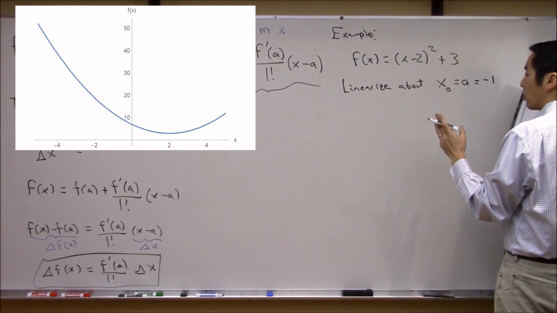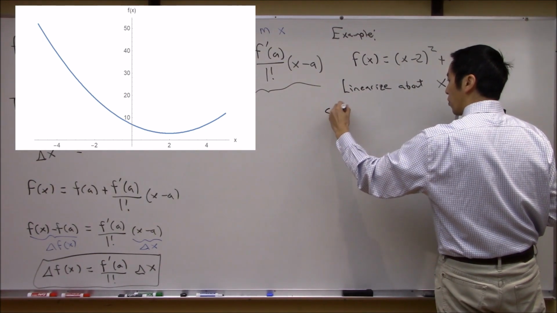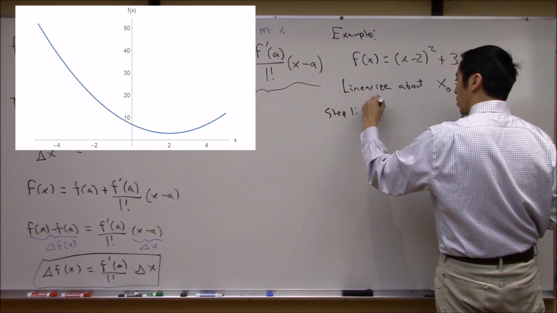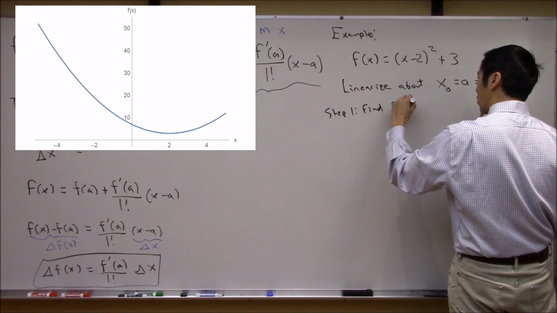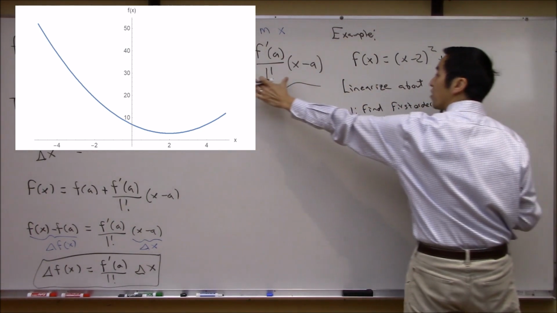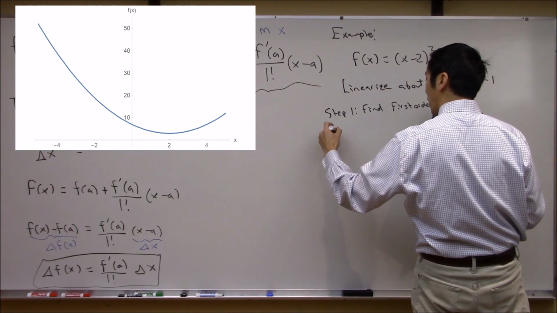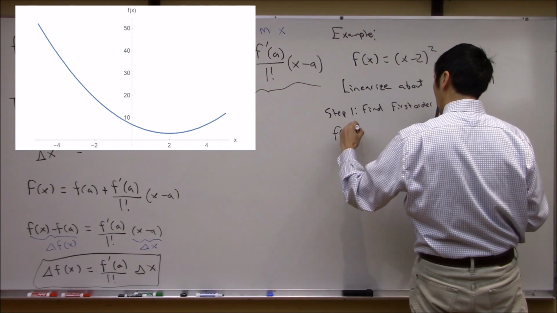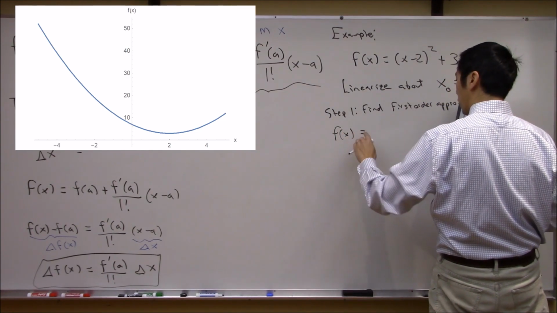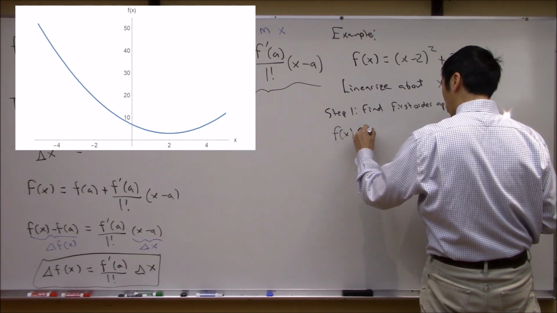Right? Okay, so what we're going to do is step one, let's find the first order approximation of this function, right? Well, that's this right here. We already computed that, okay? So what we can write is that we have f of x is, or I guess technically it's approximately, right? Because we're taking a first order approximation.